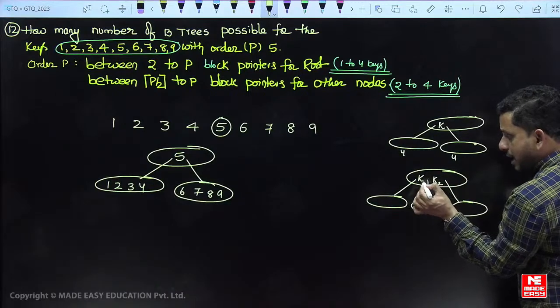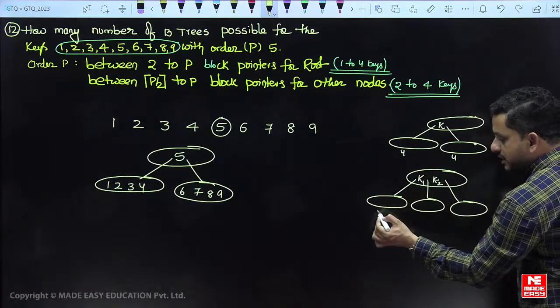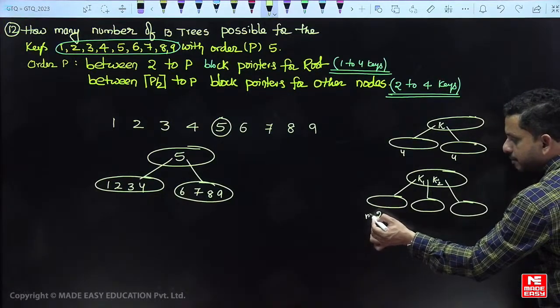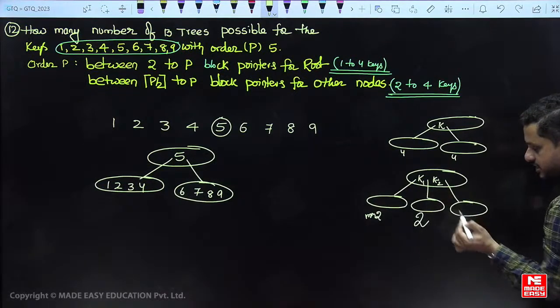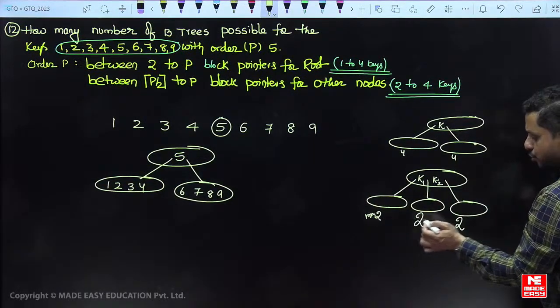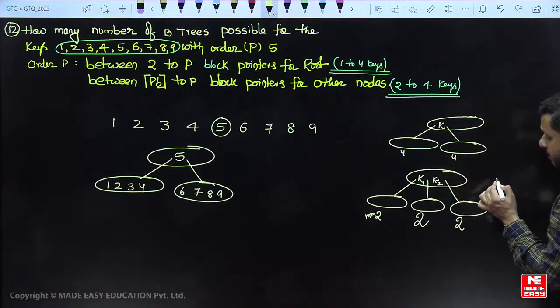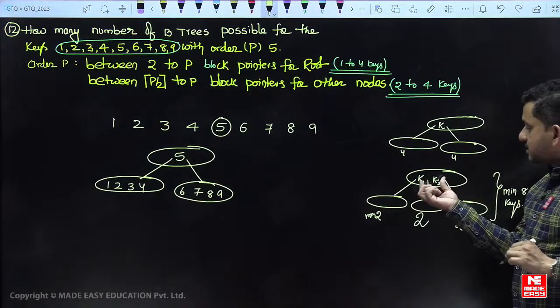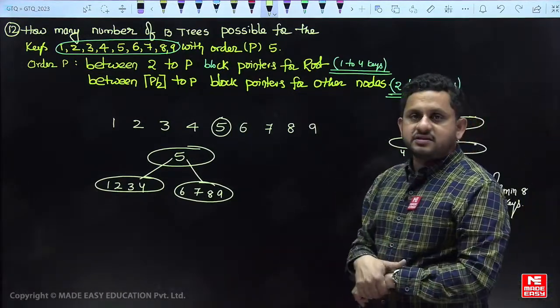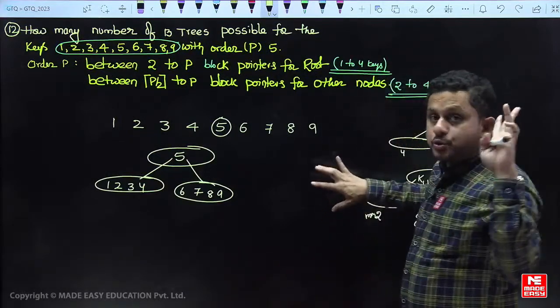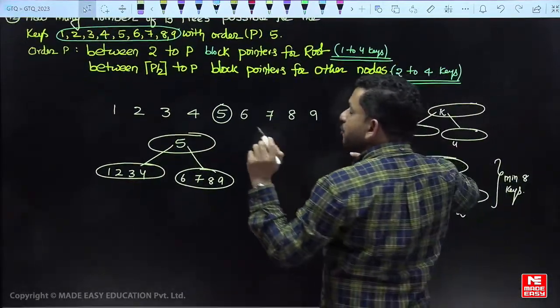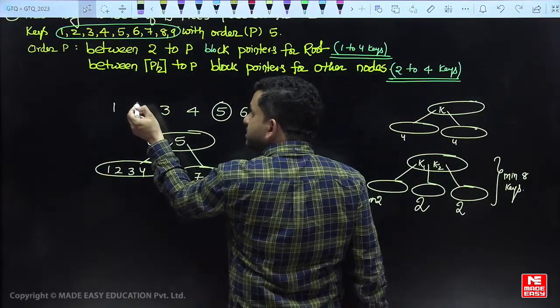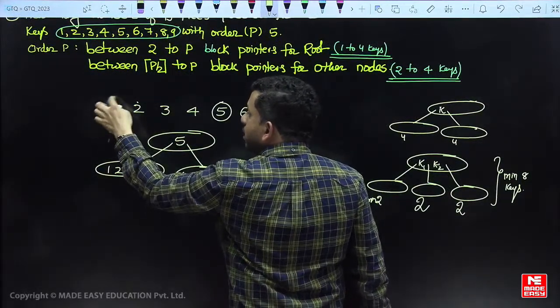So at least 2 keys are required at each of these nodes, 2, 2, 2, and 2, so a minimum of 8 keys are required to take 2 keys in the root. But we have 9 keys, so it is also possible. I can take 2 keys in the root also. So what are the possibilities? I can't take 2 as the root because the left side has only 1 key, which is not allowed.